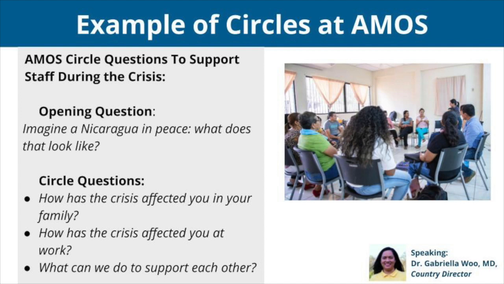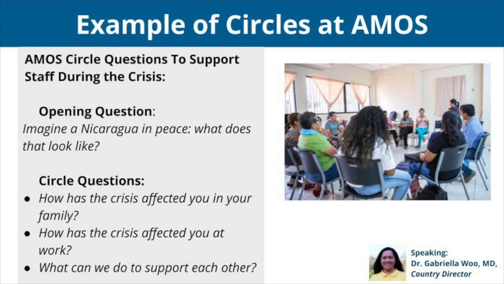And also, how the crisis affected you at work. There were people that did not have the chance to express themselves because they were leaders of a team, and they always had to show that they are strong. And what can we do to support each other?